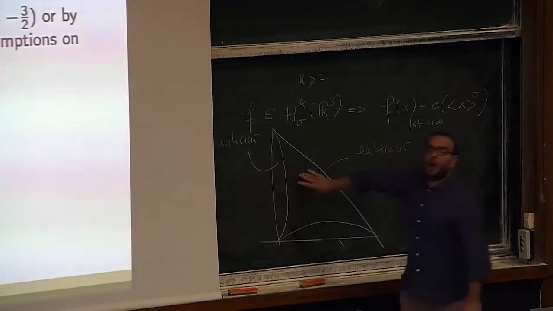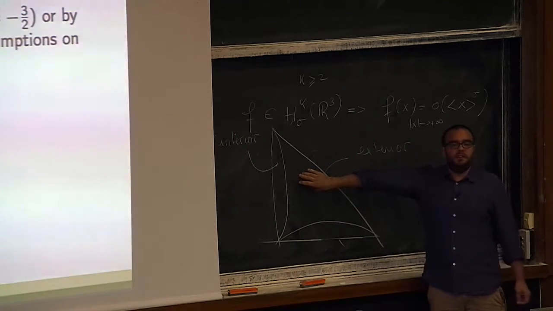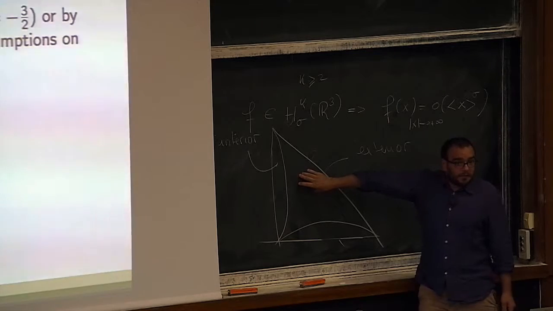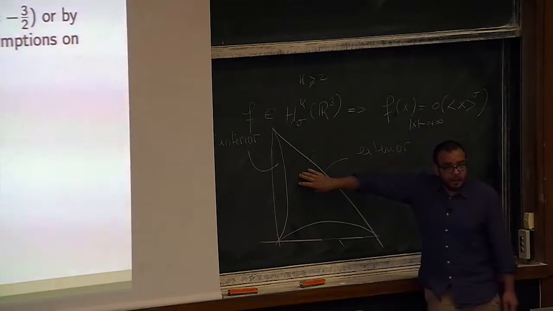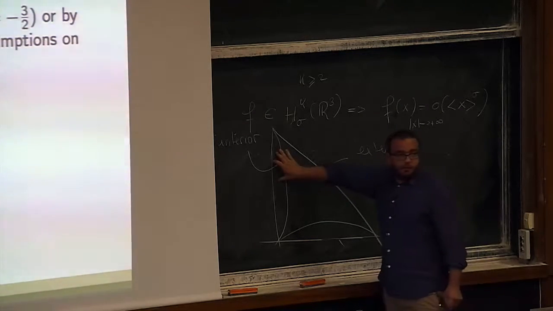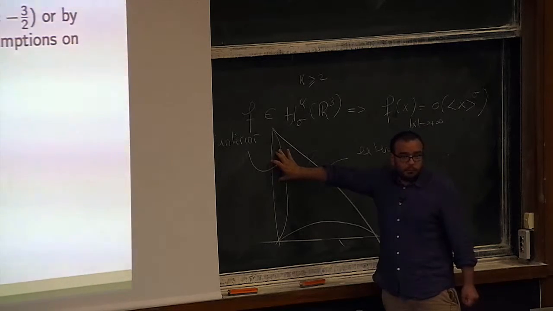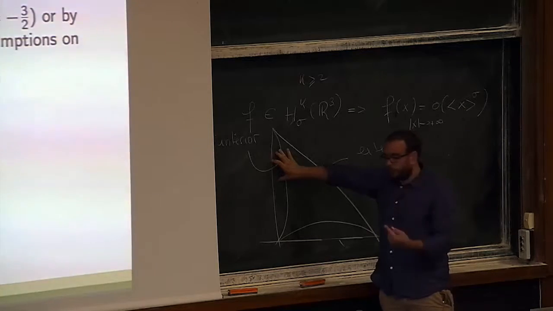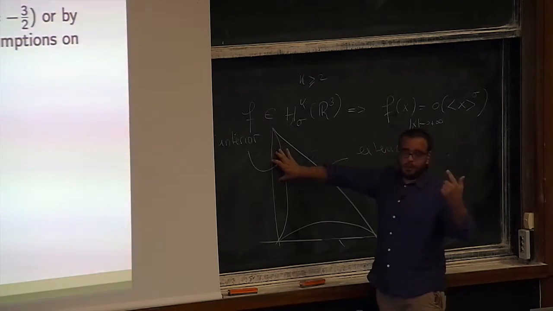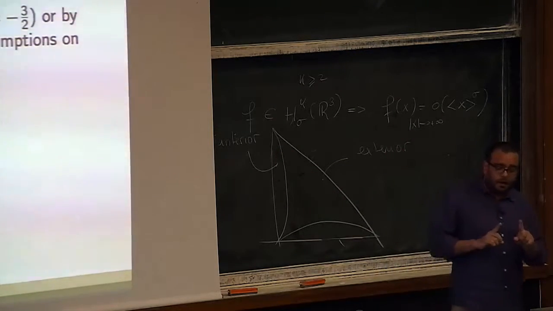The exterior region has to be thought of as containing all the extremities of null rays, and the interior region has to be thought of as containing all the extremities of time-like lines, okay?